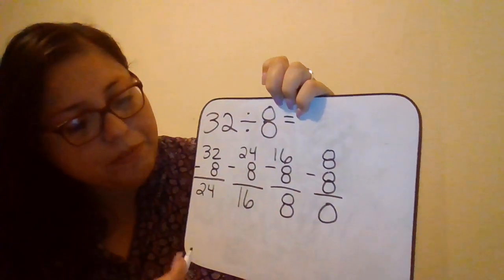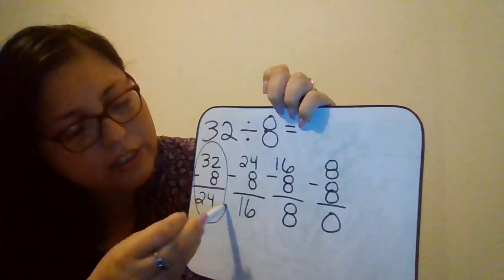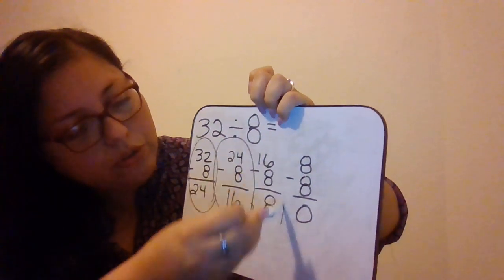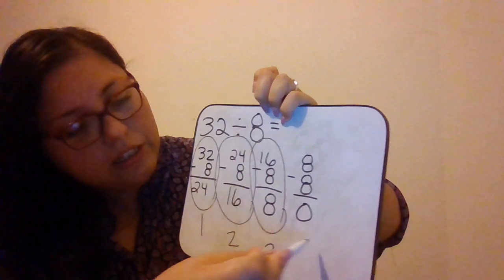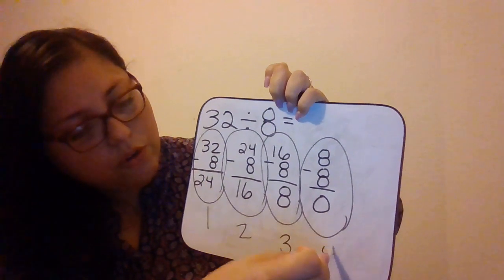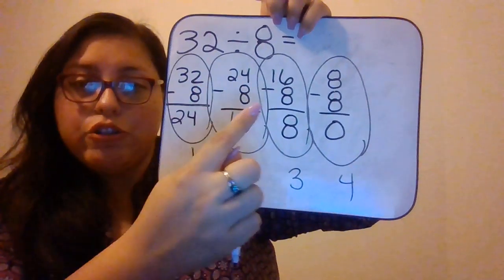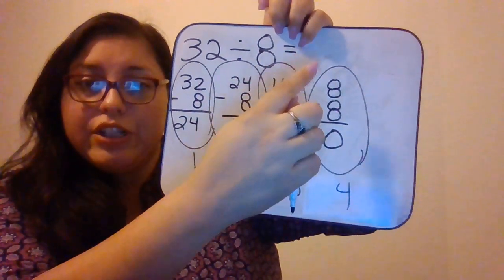And now you count the number of times you subtracted 8. How many times did I subtract 8? Let's count. 1, 2, 3, 4. I subtracted 8 4 times. 1, 2, 3, 4. So my answer is 4.